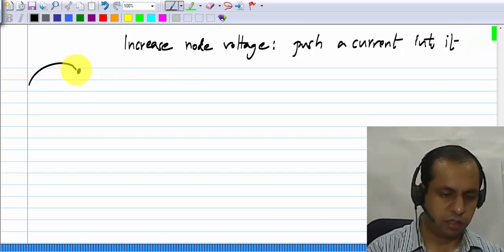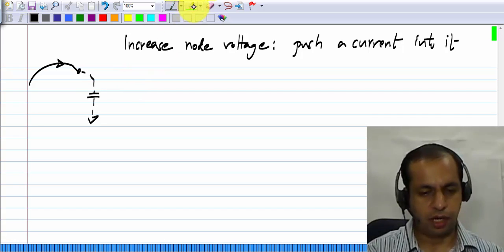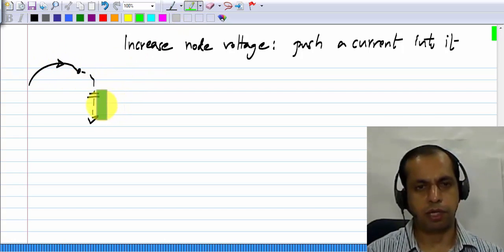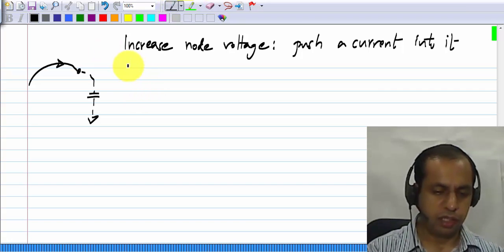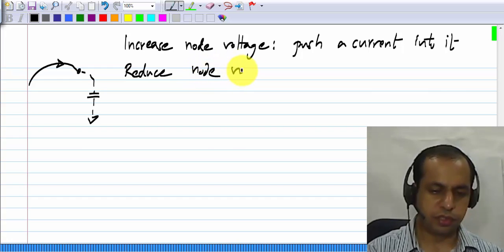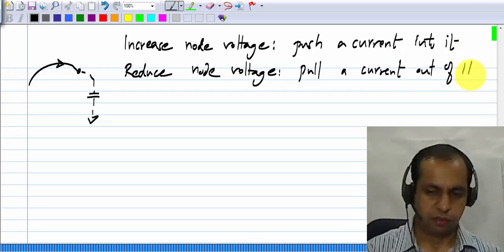Okay, this we have seen earlier. You can always imagine a parasitic capacitance and the current flowing into that parasitic capacitance, and eventually the voltage will rise. And similarly, if you have to reduce the node voltage, you pull a current out of it.